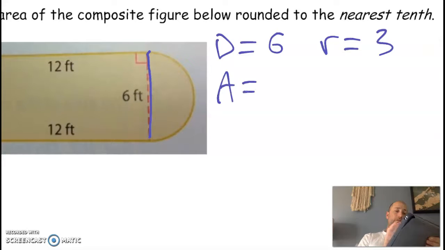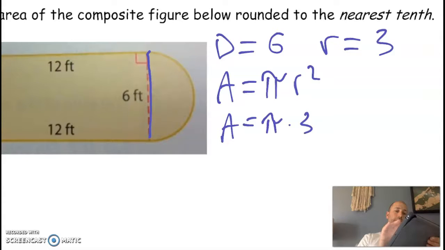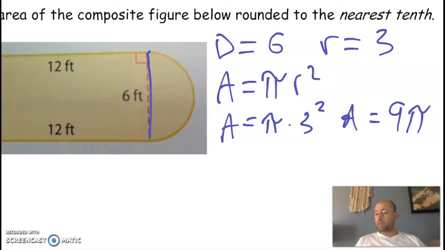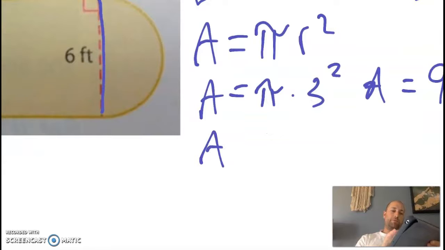So area equals pi r squared. Area equals pi times 3 squared, or area is equal to 9 pi. All right, so I'm putting 9 pi into the calculator. One of those things you can always remember, pi is just a little bit above 3.